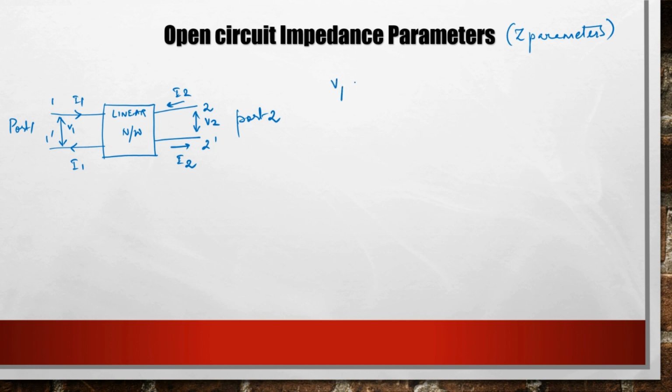So, we can say V1 is going to be I1 Z11 plus I2 Z12, and V2 is going to be I1 Z21 plus I2 Z22. Or we can represent it in the matrix form in this manner.